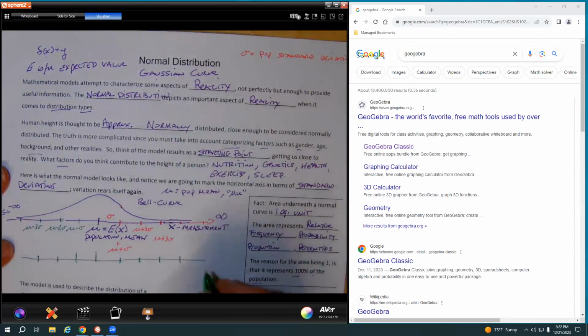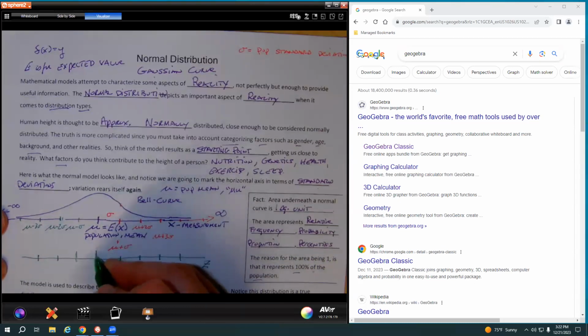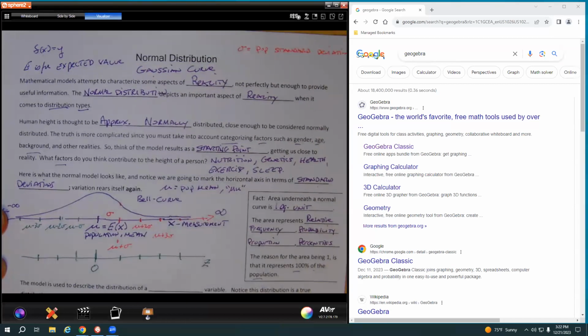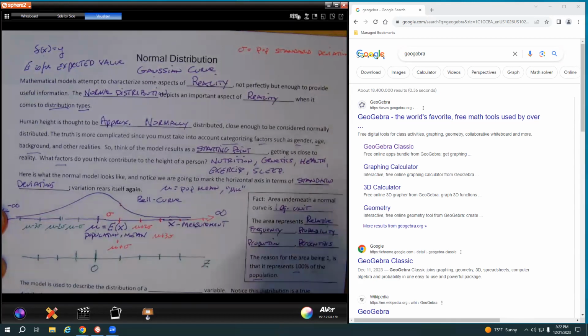I'm about to change all these numbers to what are called z-scores. If I call x my measurement, then the z-score marks how many standard deviations I am away from the mean. For example, mu here is 0 standard deviations because it is right at the center. It is 0 sigma away from the mean.